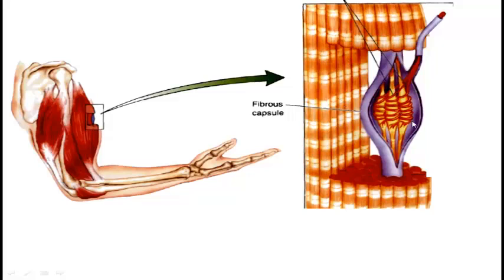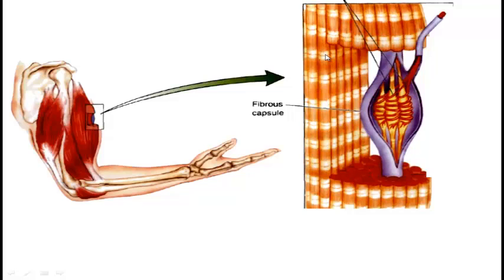Because this capsule is a fusiform capsule, we name the fibers enclosed within it intrafusal muscle fibers. So the muscle spindle is a group of intrafusal muscle fibers surrounded by a fusiform capsule.